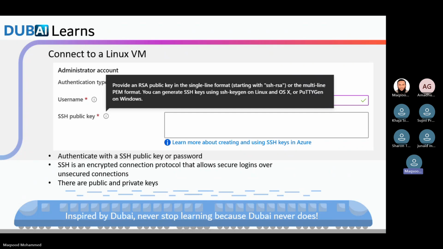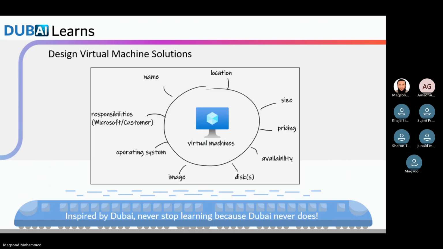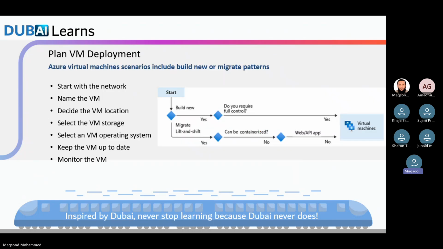We did see all of this, and we have already discussed the deciding factors for the virtual machine deployment: name of the virtual machine, location, size, pricing, availability, disk, image, operating system, and we have also understood the responsibilities of the virtual machines.